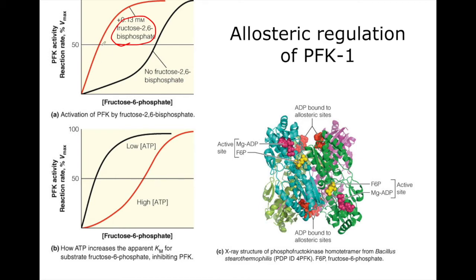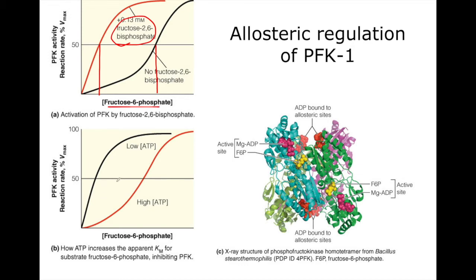Now that causes our Km to decrease, which means we have a higher affinity for our substrate, and therefore when it's not present, we have a greater Km value, giving us a lower affinity for our substrate. Again, our substrate here is fructose 6-phosphate.